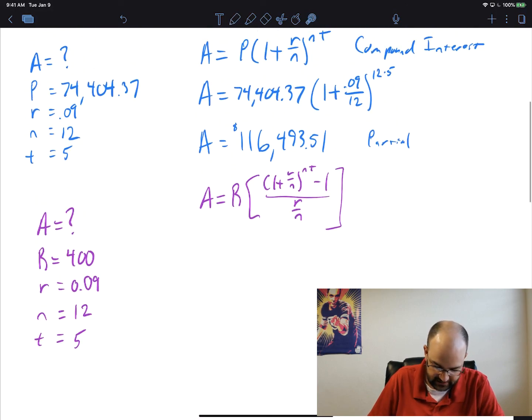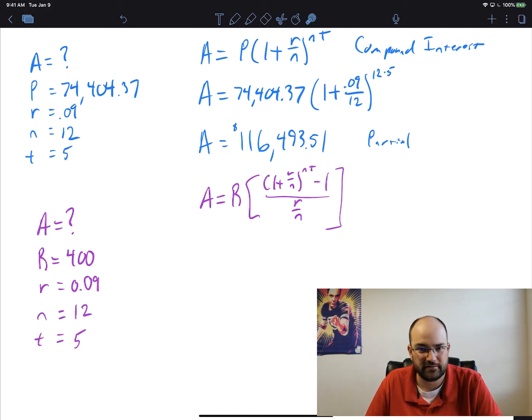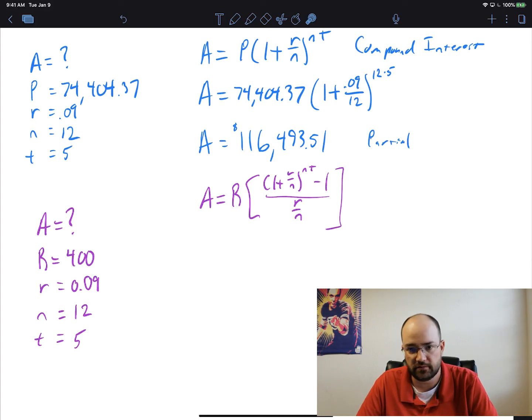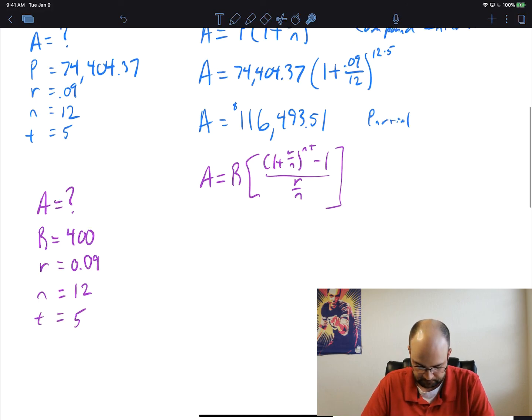Now notice that this is very similar to this because it's the same account. It's just that you're treating this one-time payment of $74,000 as a separate issue. It's a separate issue from what you see here with the annuity. So annuities and just one-time payments must be handled separately.